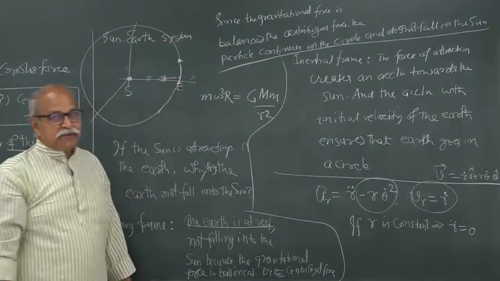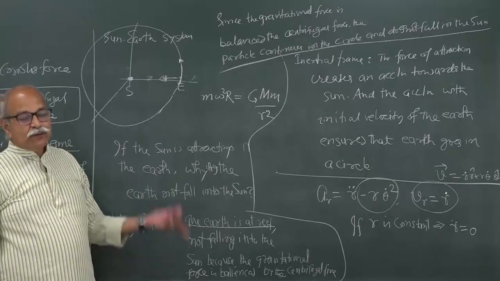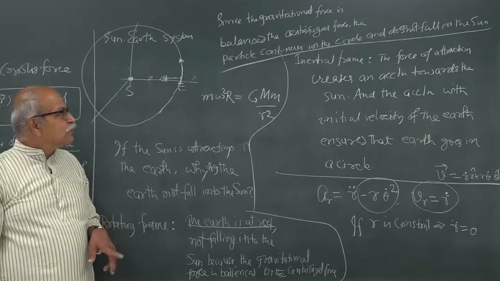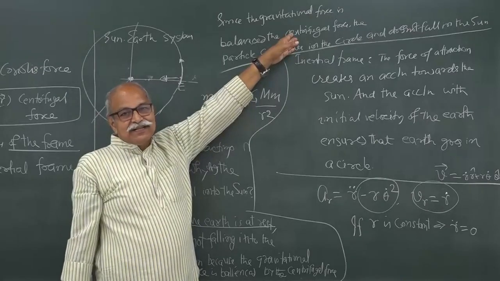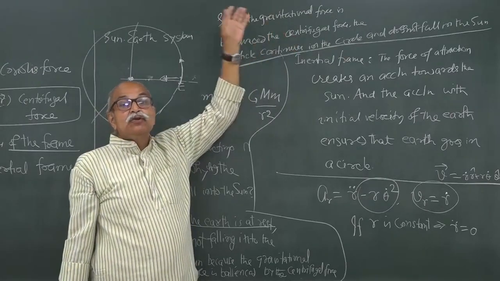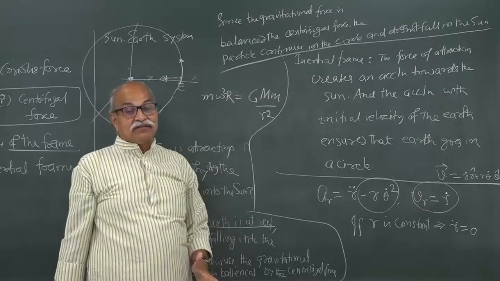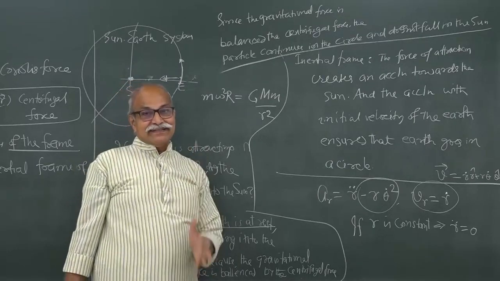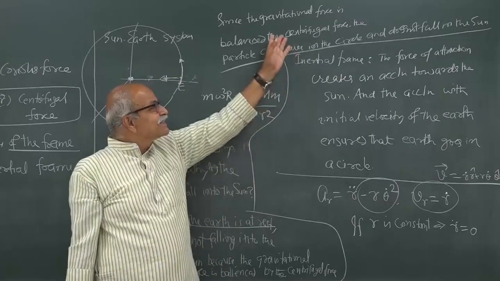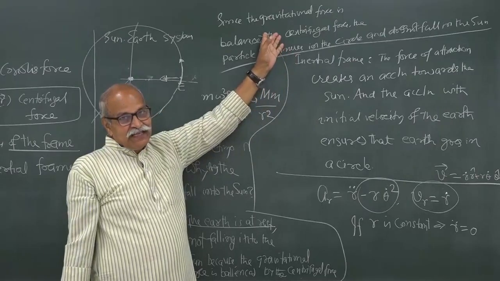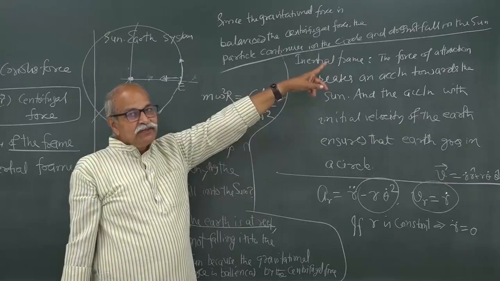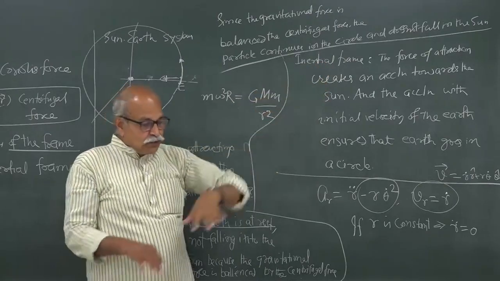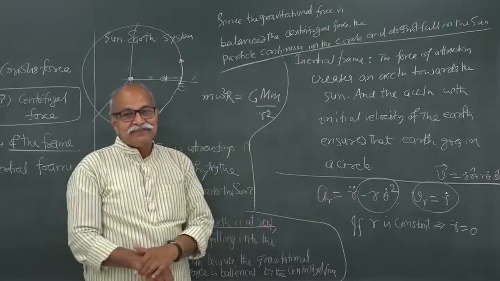This is not acceptable. If we are using the rotating frame, only then you are using centrifugal force. If you are using a rotating frame, the earth is not going in a circular path, the earth is stationary, and that is why this statement is wrong. If you are saying that the earth goes in a circular path, that means you are using that non-rotating inertial frame.